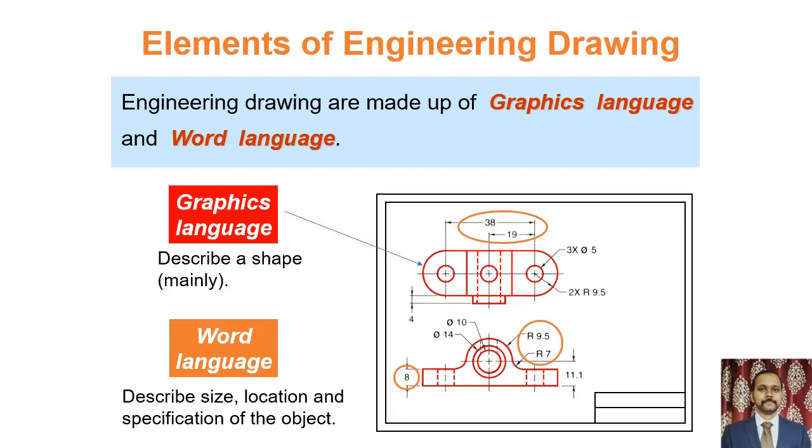If you see this red color, that is the graphical language, and the second one is word language, which you can see in this orange color. By using graphical language and word language, we completely see this as the engineering drawing. So these are the basic elements of engineering drawing.